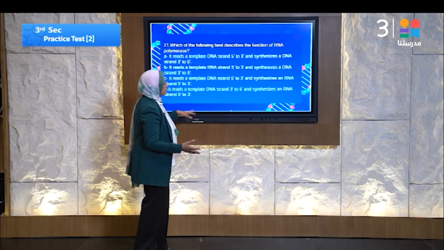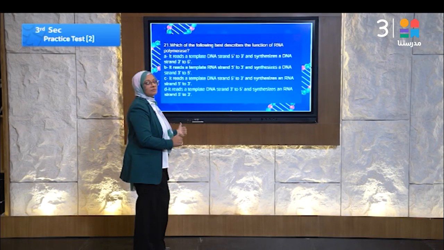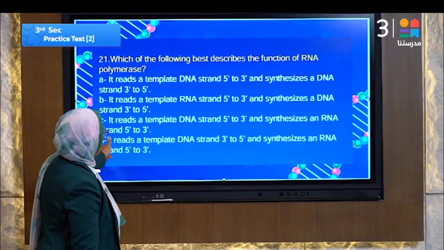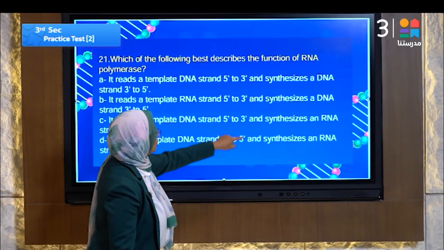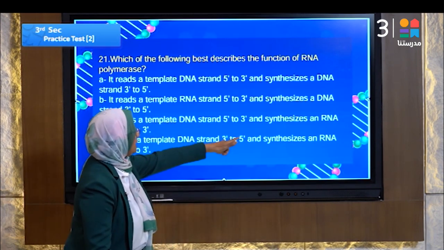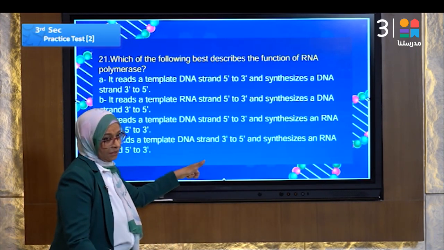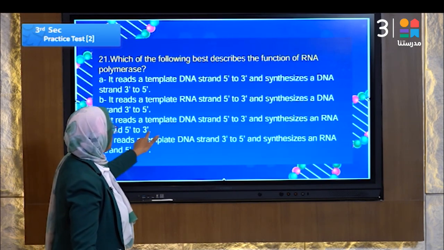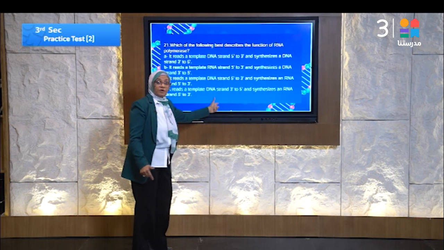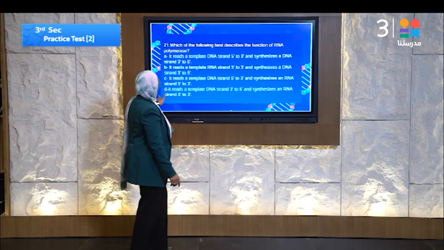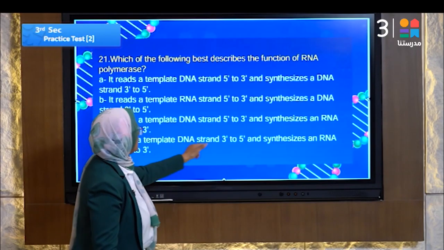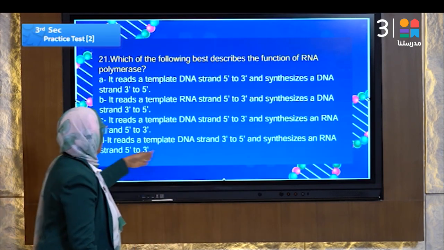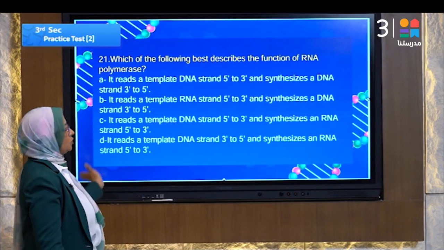It's confusing. C: It reads the template DNA strand 5' to 3' and synthesizes RNA strand 5' to 3', RNA 3' to 5'. D: It reads a template DNA strand from 3' to 5' and synthesizes an RNA strand from 5' to 3'.